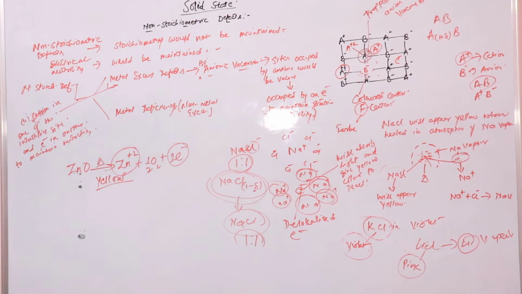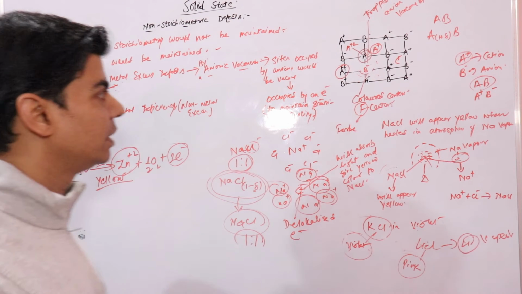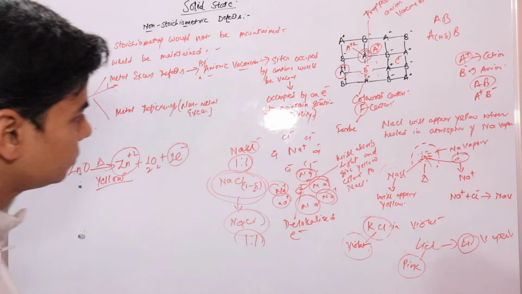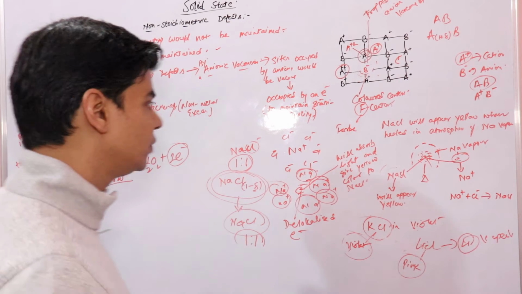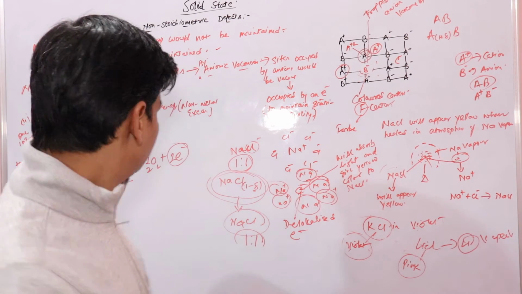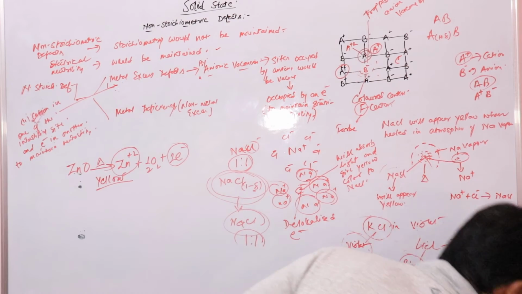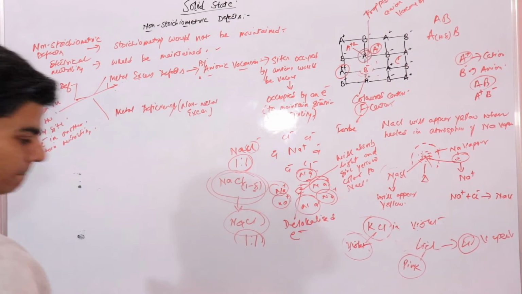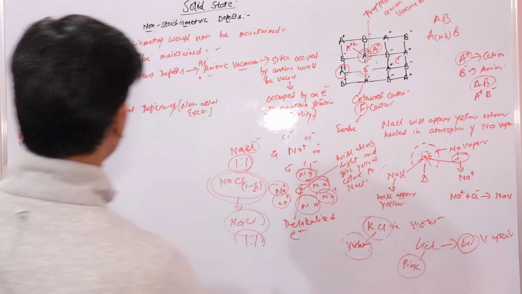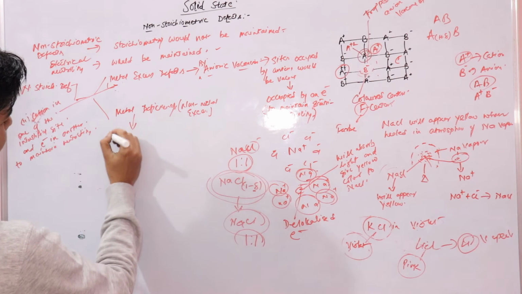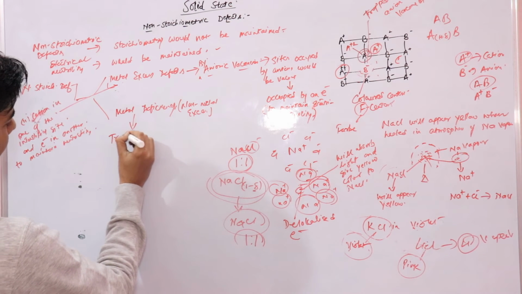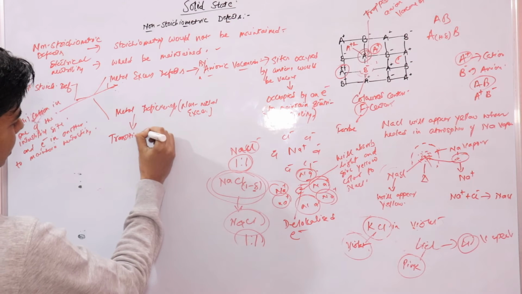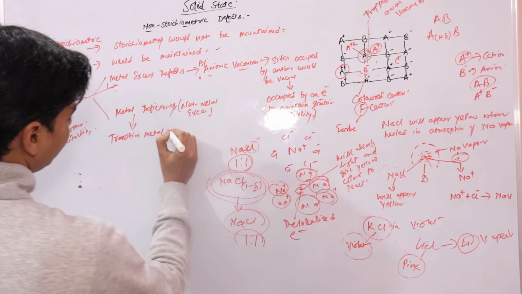So we have now metal deficiency defect. In metal deficiency defect, this is in continuation to our previous video lecture. This metal deficiency defect is usually shown by transition metals, right?